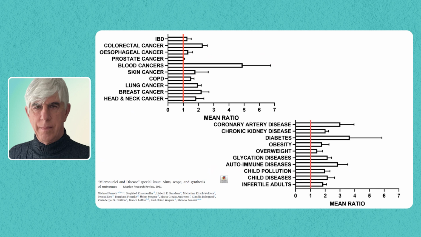This increase was not only present for cancer, but was also present in other chronic diseases like cardiovascular diseases and diabetes. People with diabetes have like 4 times higher frequency of micronuclei.